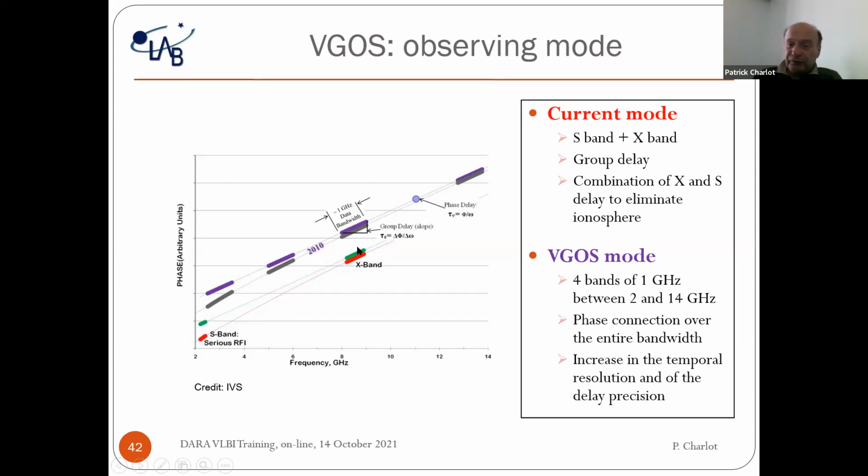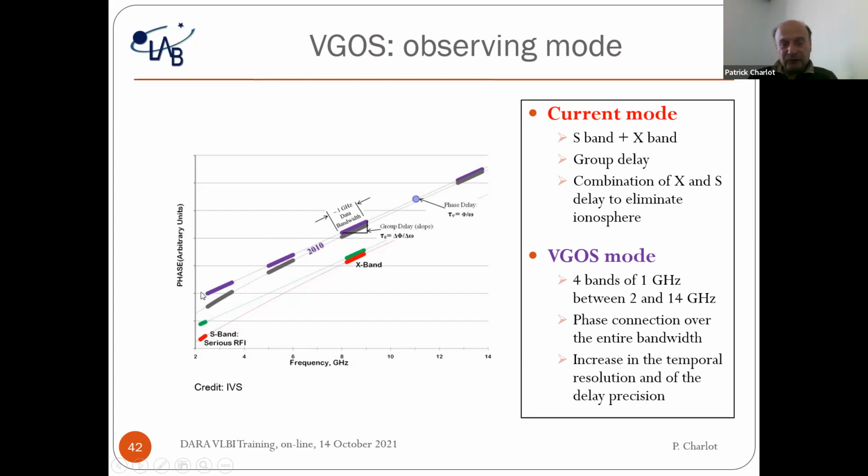With the new VGOS system, so VLBI Global Observing System, you will record the signal with a band that is twice as wide as the current band, roughly 1 gigahertz. And then you will observe 4 such bands from 2 gigahertz up to 12 or 13 gigahertz.